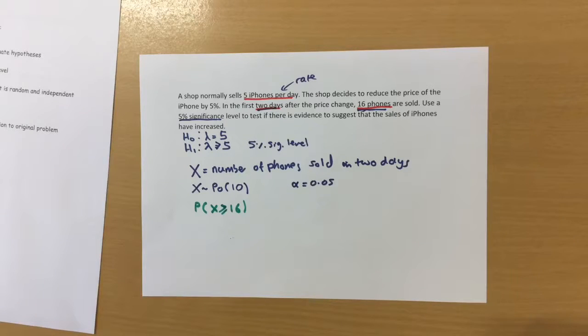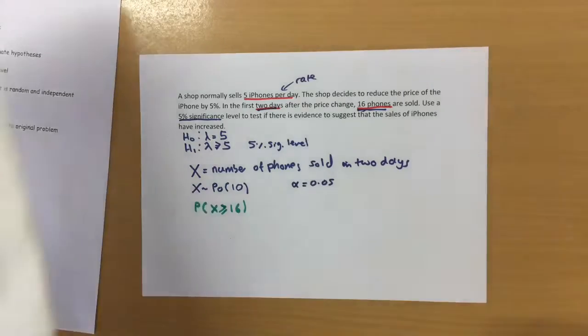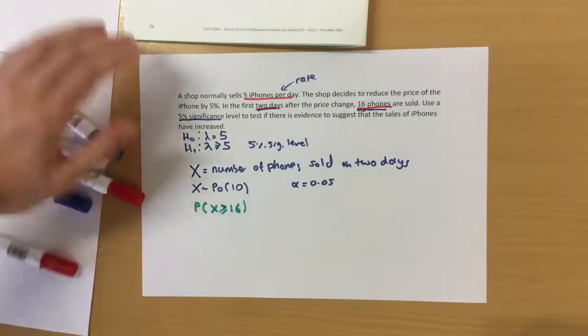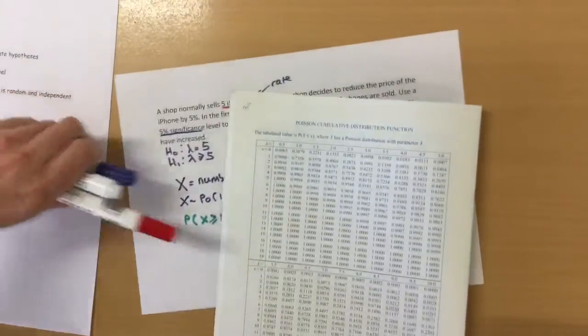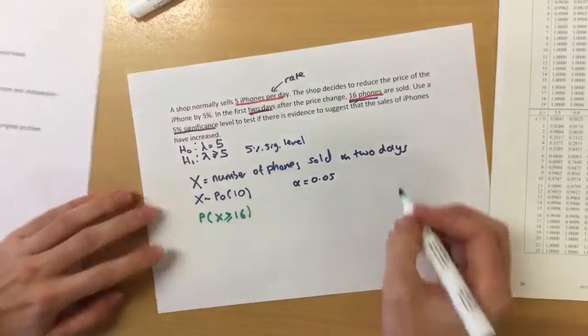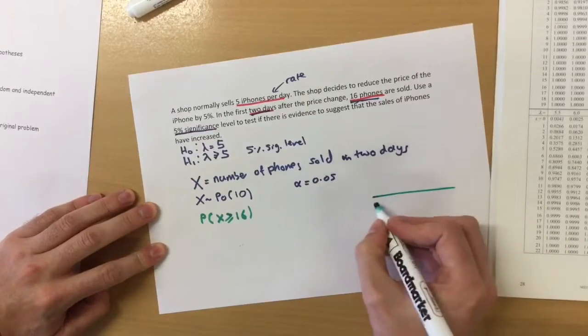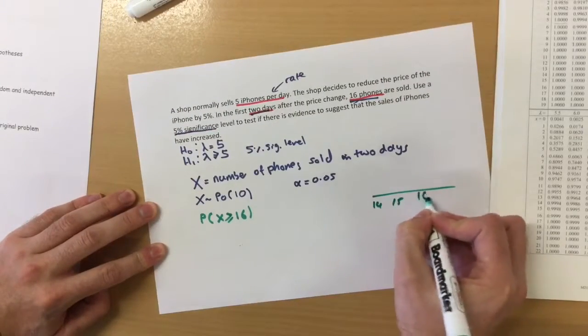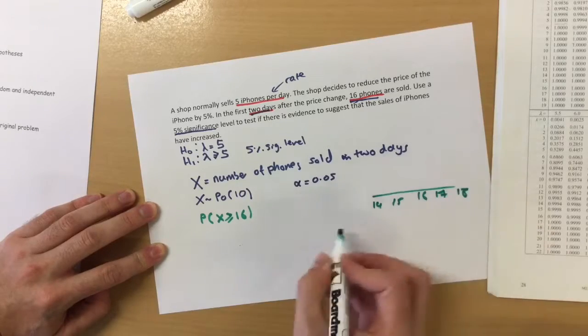We don't have this in our tables. Oh no, we do actually. My mistake, it is in our tables. But our tables only give us a case where it's less than or equal to. We did a number line from 14, 15, 16, 17, 18.